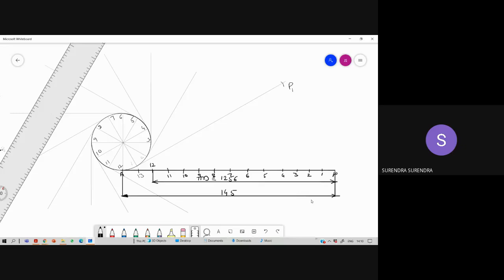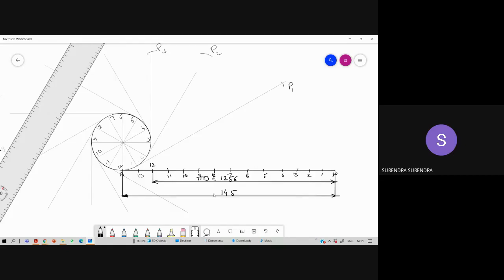Similarly, measure the distance from A to 2. With 2 as center, draw arc on the second tangent. This would be P2. Next, measure the distance A to 3. With 3 as center, draw arc on the third tangent, P3.